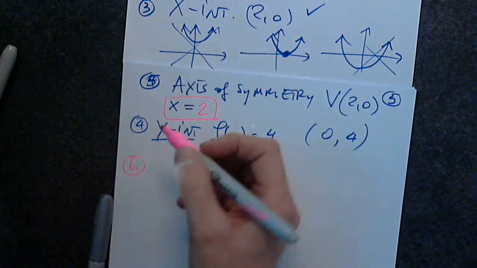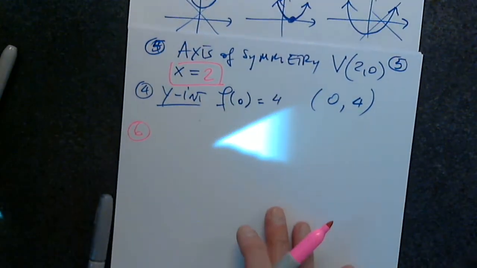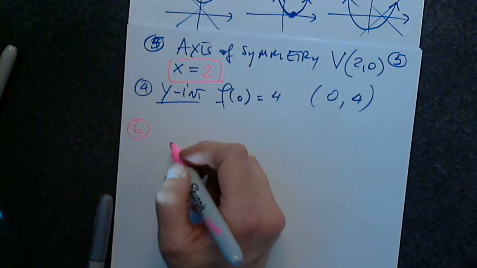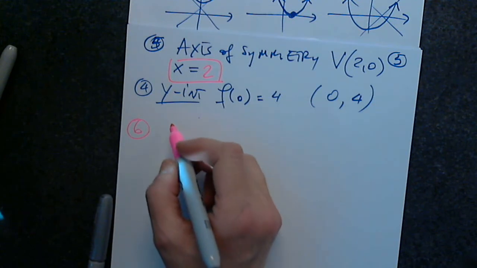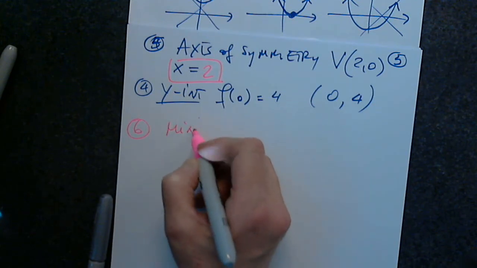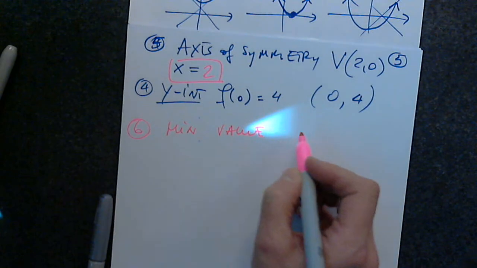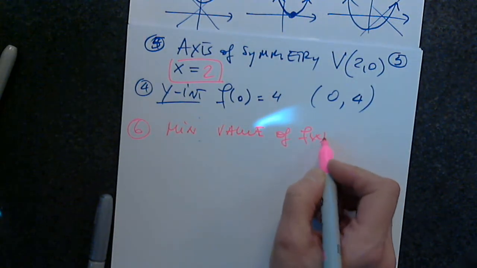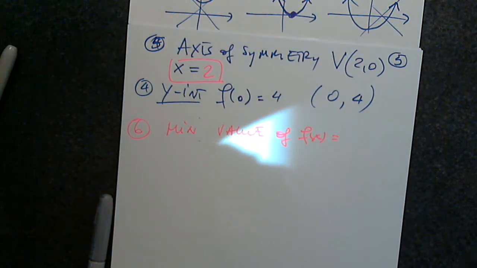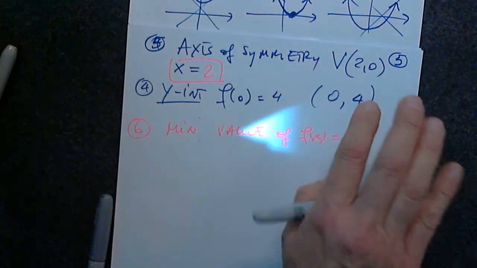And number 6, so 4, 5, 6. Max or min for this function? Okay. Min value of f of x, of the function, is? Careful. That was the y-intercept.